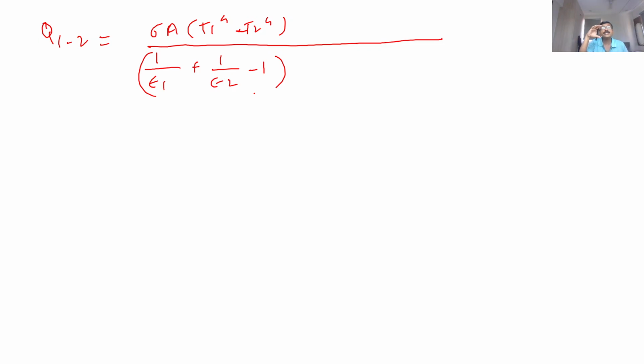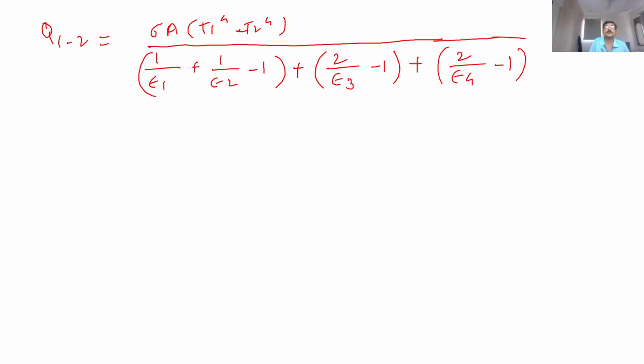It is radiation heat exchange between two flat surfaces when no shield is there. Nothing is there in between. This is the formula. But there are how many shields now? Two shields. So two brackets are extra coming on denominator. 2 by epsilon, पहली शेड है epsilon 3 minus 1. ये पहले शेड का ब्रैकेट है, that is number 3. And और एक शेड है, so 2 by epsilon 4 minus 1. So this is the formula.